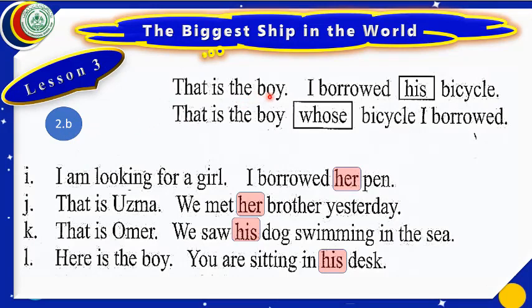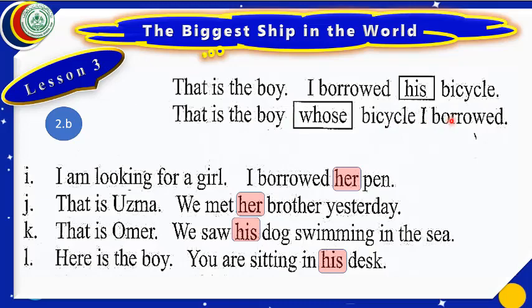It is written here, that is the boy, I borrowed his bicycle. The first sentence is written first of all, then there is written whose bicycle I borrowed.